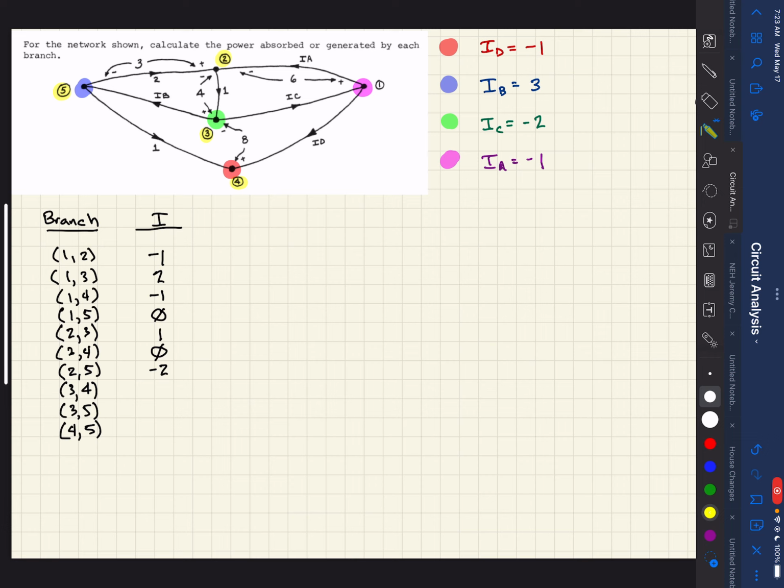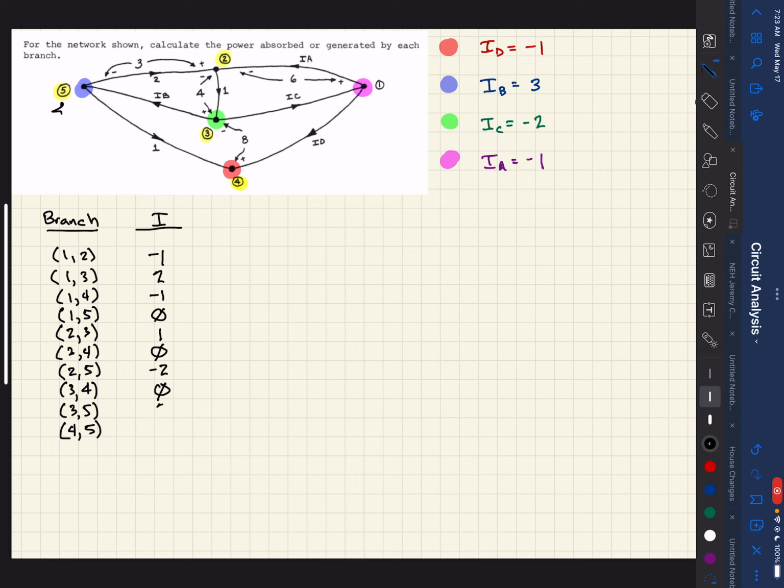And then between 3 and 4, which is down at the bottom here, there is no direct connection. So therefore, no direct current flow between them. And then we'll go between 3 and 5, which 5 is over here. See that is IB, and IB is 3.